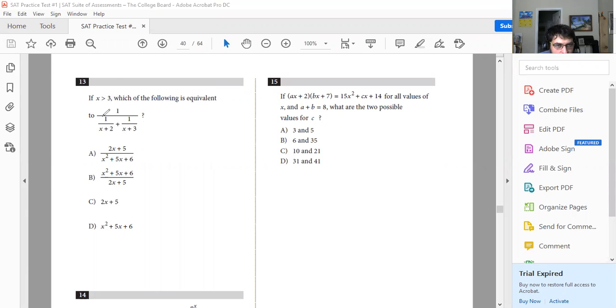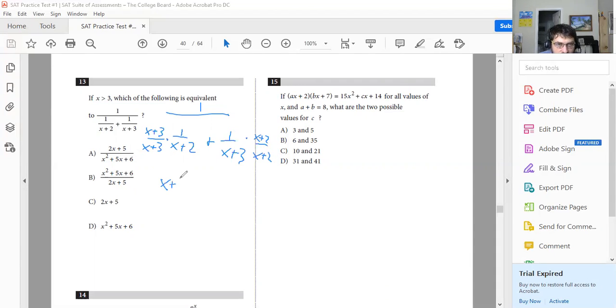So this probably should have said like x is greater than like negative 2, because this will actually be a negative 3. So that's not important. We're just going to be rearranging this equation. So if we need the common denominator, we're going to multiply this by x plus 3 over x plus 3, and this side by x plus 2 over x plus 2.